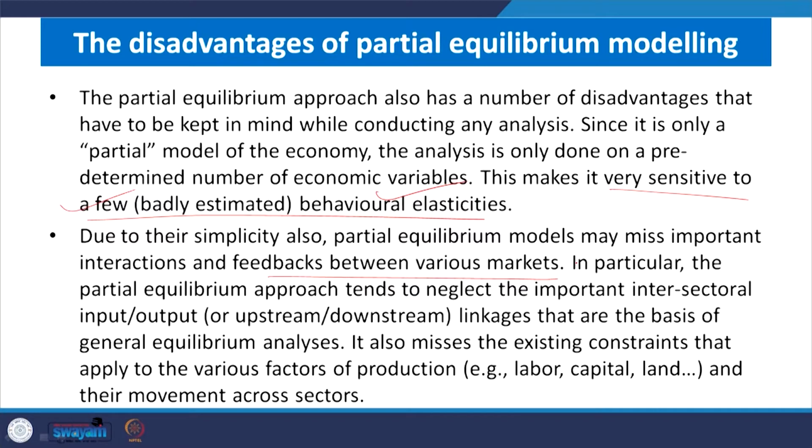That is the basis of general equilibrium analysis. It also misses existing constraints that apply to various factors of production and their movement across sectors. These are largely neglected in partial equilibrium setups.